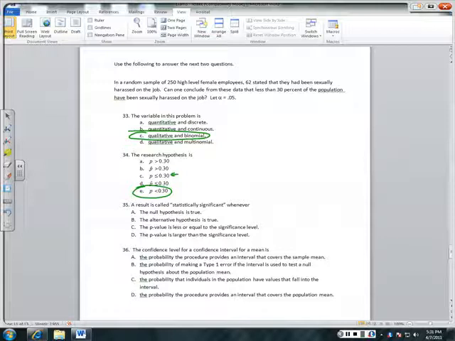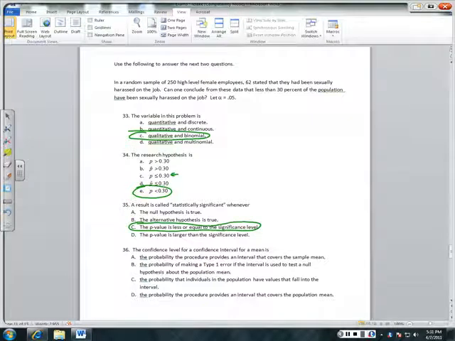A result is called statistically significant whenever the p-value is less than or equal to the significance level. You might want to say of the B, that's sort of the only other response in there that might be worth considering.